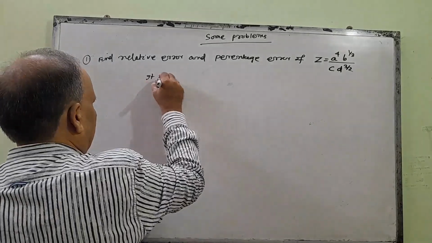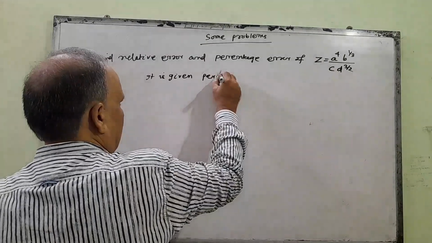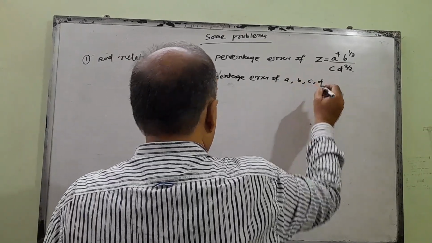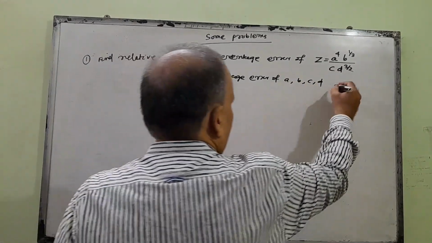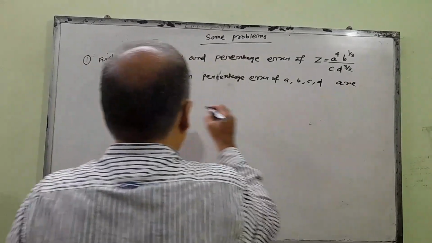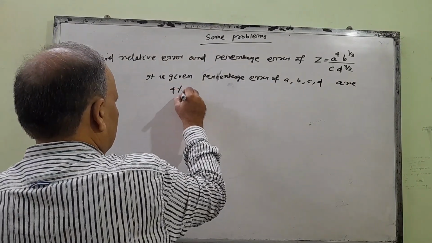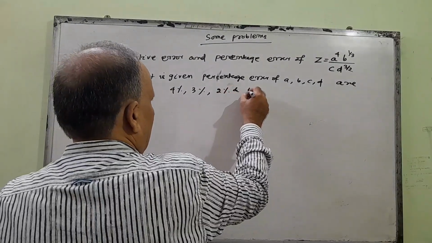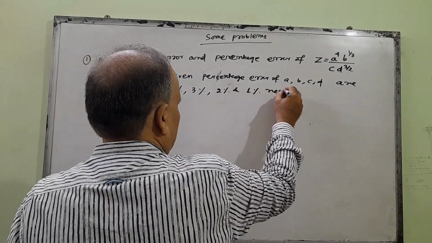It is given the percentage errors of a, b, c and d are 4%, 3%, 2% and 1% respectively.